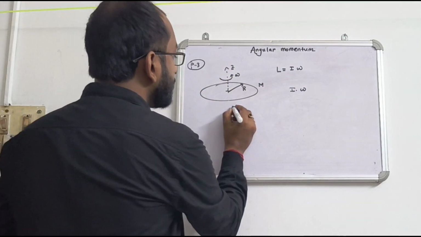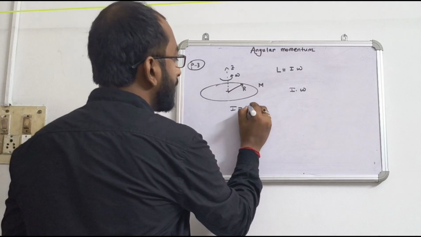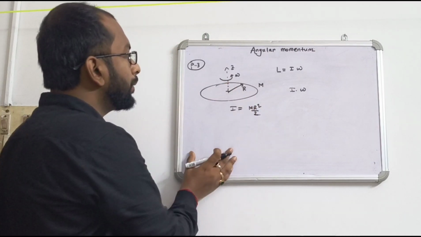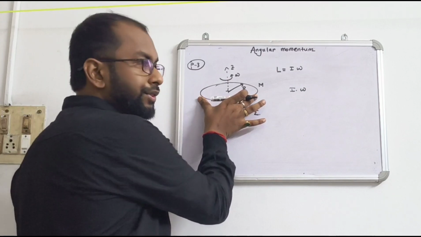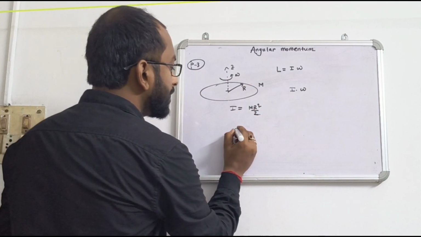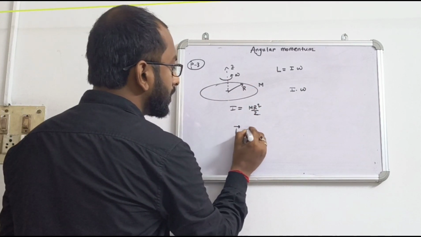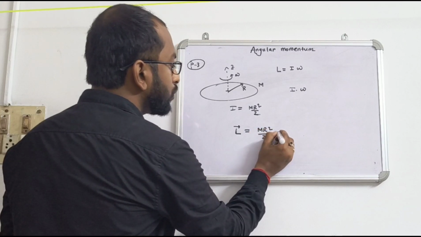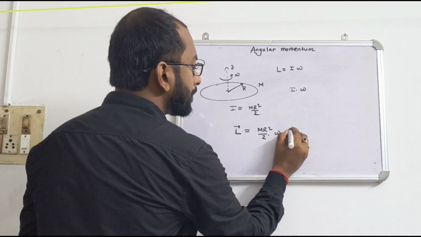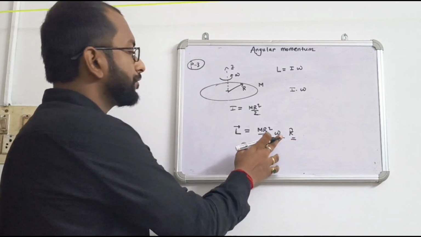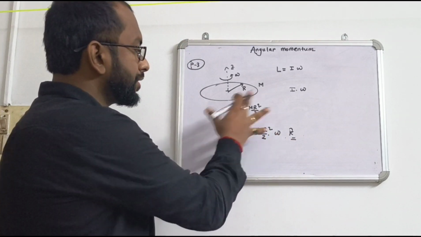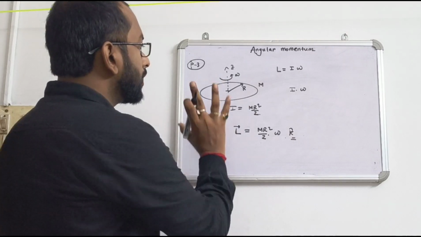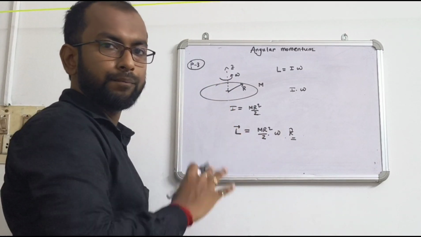So what is I for this disk? M into r square by 2. So angular momentum associated with this disk is L vector, that is equal to m r square by 2 into omega into k cap, because k cap is the direction of the angular velocity. So this is the angular momentum associated when a disk is rotating with an angular velocity of omega.